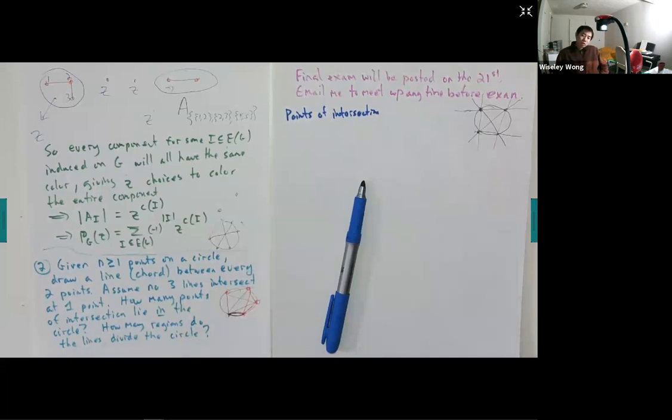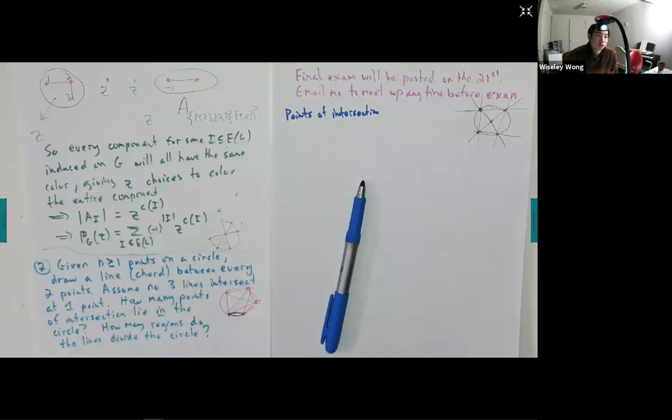It should be clear visually that you need 4 points to create an intersecting point from those chords. And for simplicity, we're assuming no 3 intersecting at 1 point.